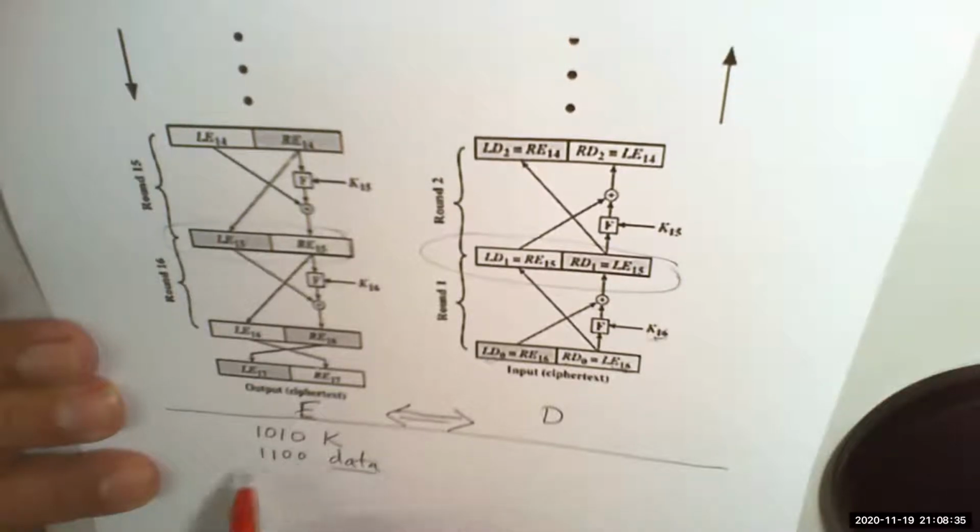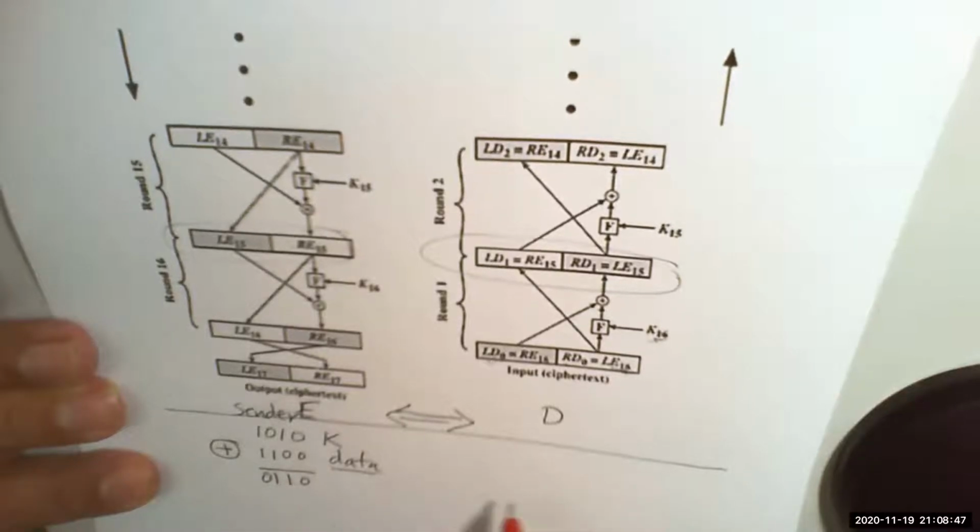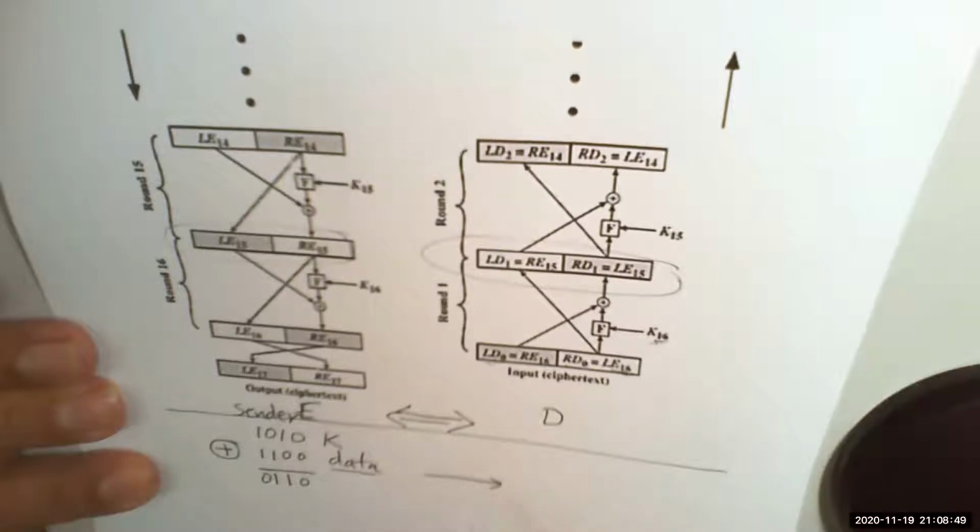So if this is the data, we make an XOR at the sender. So this is XOR, this is 0 1 1 0. And I take this and move it to the receiver and use the same key.